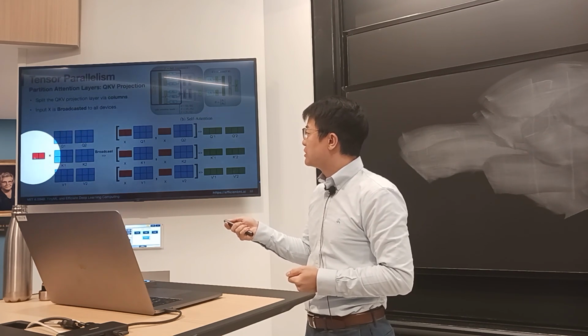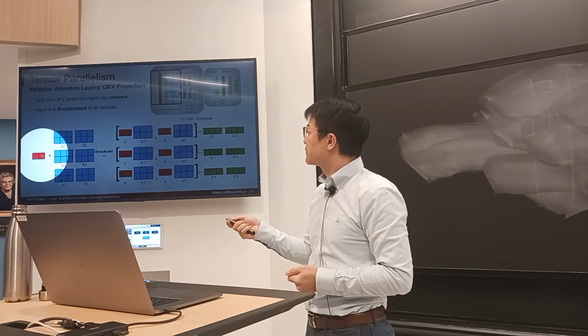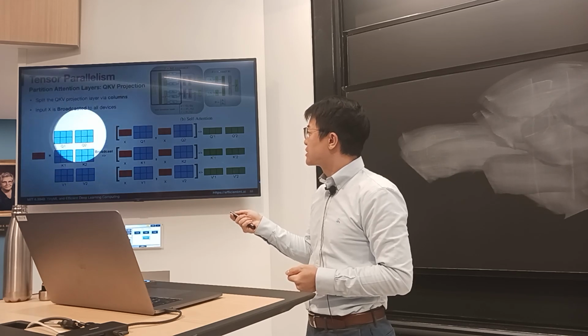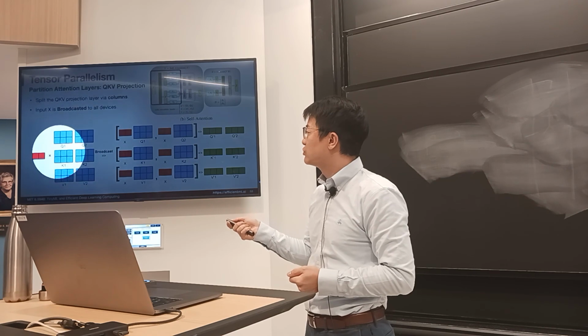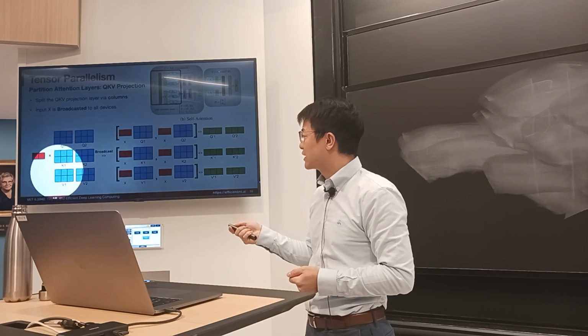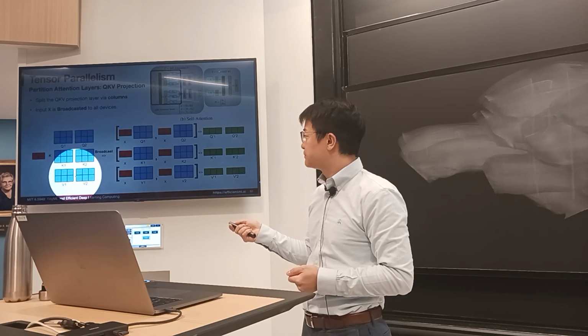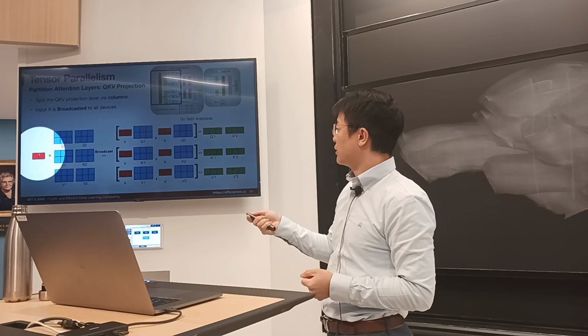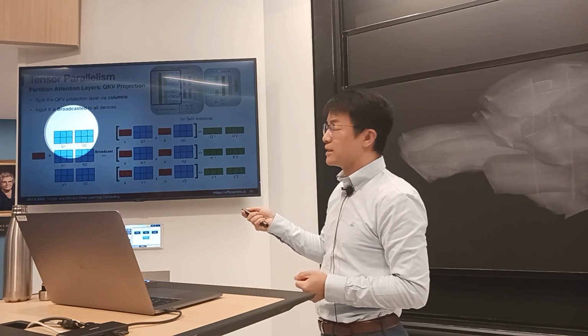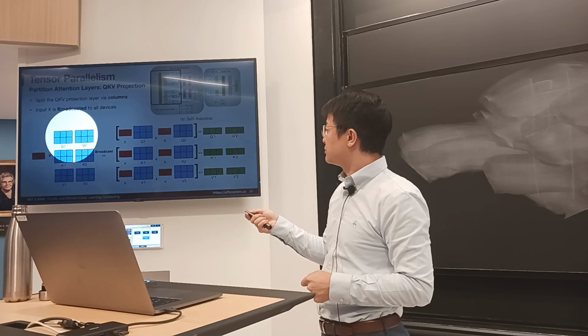The hidden dimension is 2. So we have 2 by 6 for Q, 2 by 6 for K, the key, and 2 by 6 for the value. The input is 1 by 2. 1 by 2, 2 by 6. So that's a perfect match.